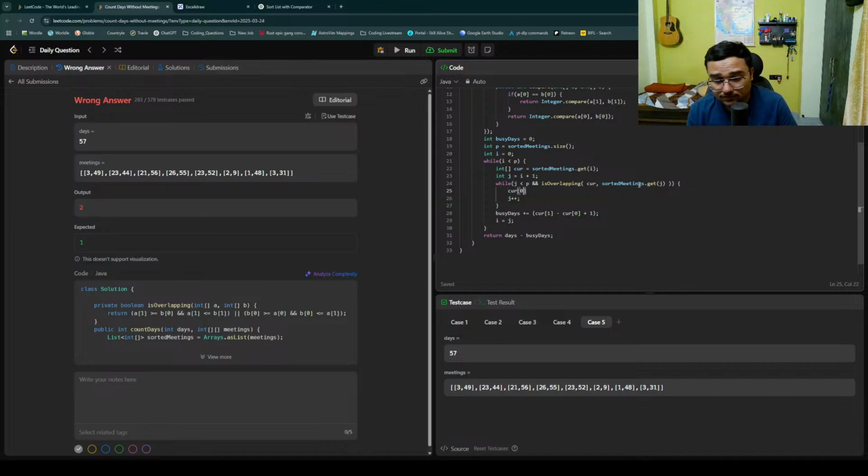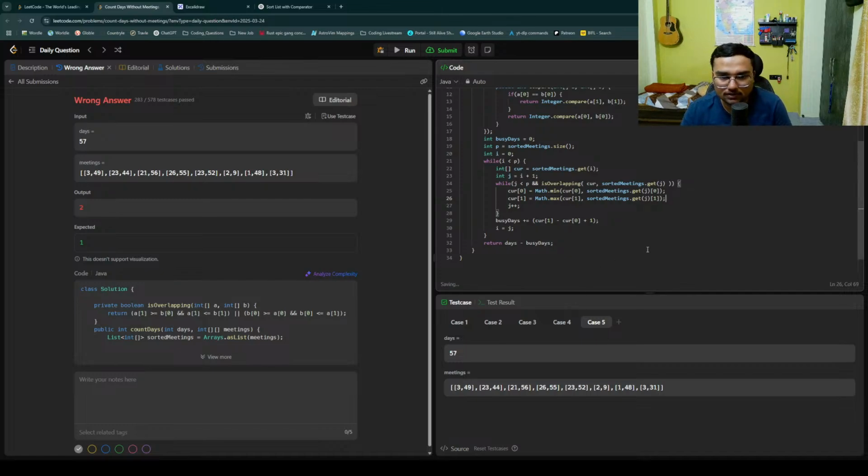So current of 0 will be math.min of current of 0 and sorted of 0, right? And current of 1 will be math dot max of current of 1 and sorted of 1.